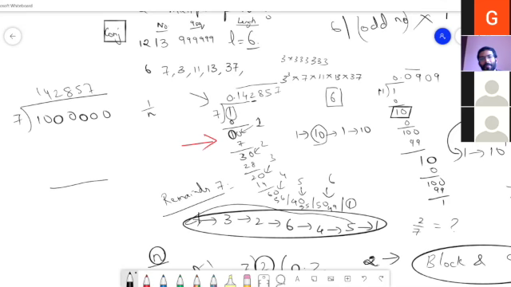I'm trying to show you a new viewpoint to look at it. Apart from zeros, there is 1. So the remainder in this first step is 1.